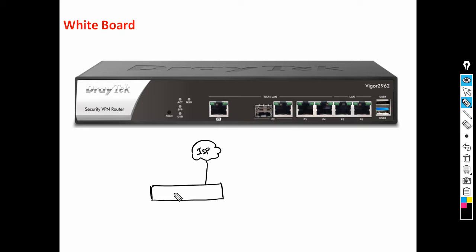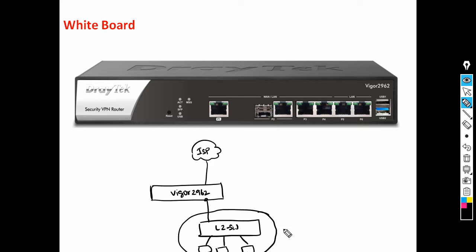This is your Vigor 2962, and the LAN interface connects to a layer 2 switch, where you connect the two or three computers. You take a separate layer 2 switch and connect all your end devices. That's what you generally do.